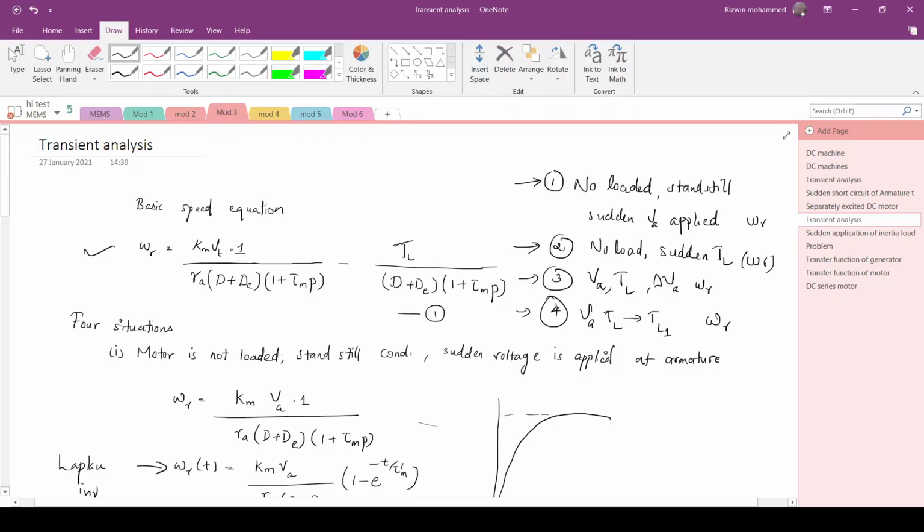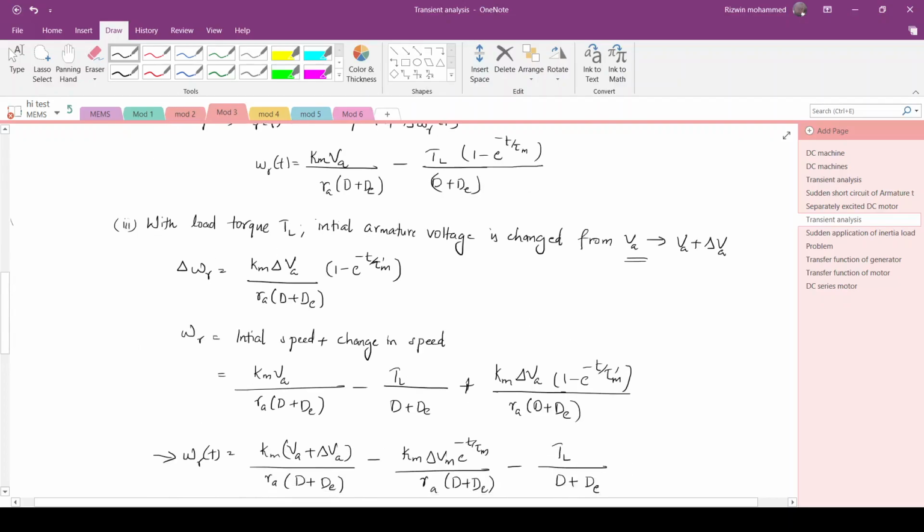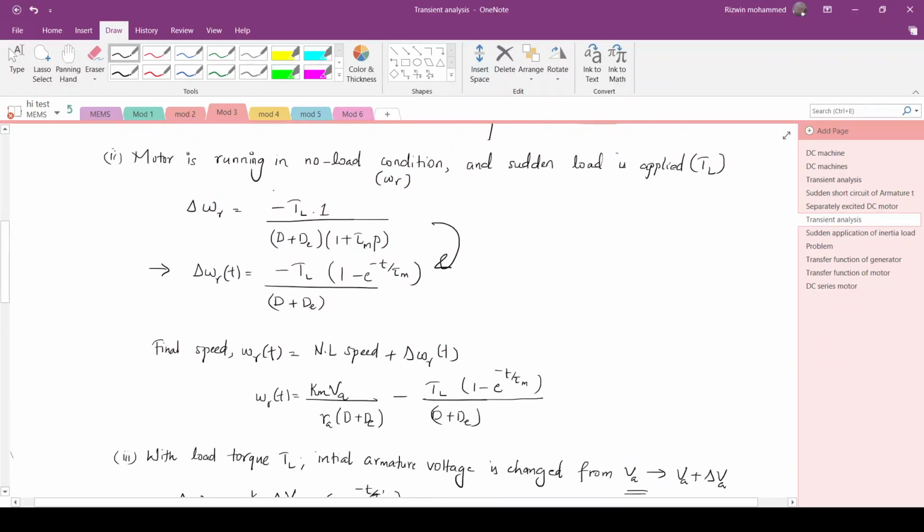Only the transition caused by applying a load torque. So we are going to analyze it as if we have applied a step load coupled to the motor.